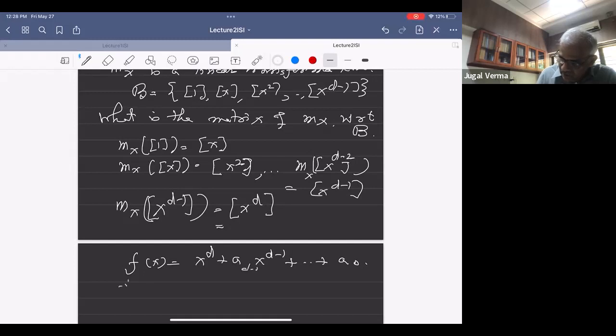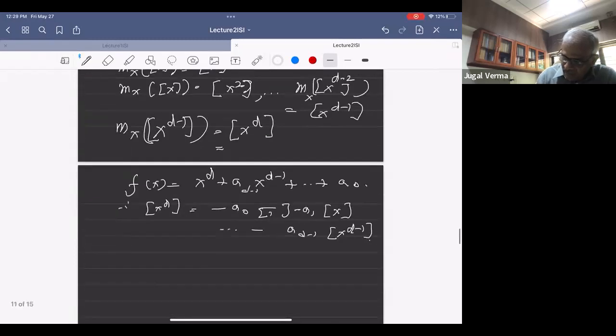So the residue class of x^d is equal to minus a0 times the residue class of 1, minus a1 residue class of x, minus a_(d-1) residue class of x^(d-1). So I have expressed the residue class of x^d in terms of the basis vectors, and the coefficients of f(x) are coming here.